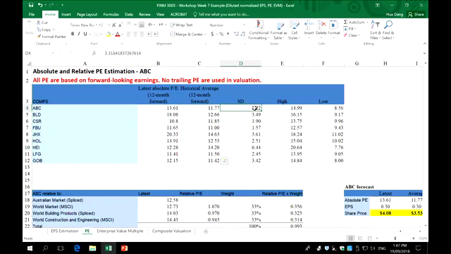And I calculated the standard deviation, one standard deviation away from the average. So these are one standard deviation high and low from the average.